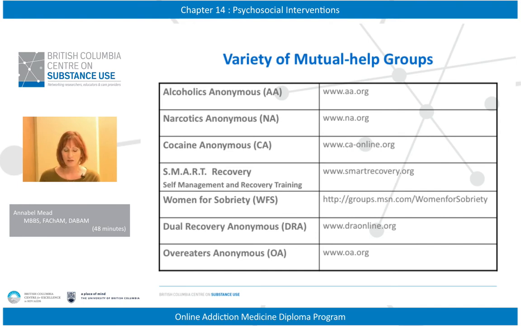Smart recovery is an alternative for those that are not interested in the higher power philosophy and is not 12-step based. Smart recovery stands for self-management and recovery training. And there are lots of smart recovery groups around in the bigger cities for sure, and you can access this by looking online.